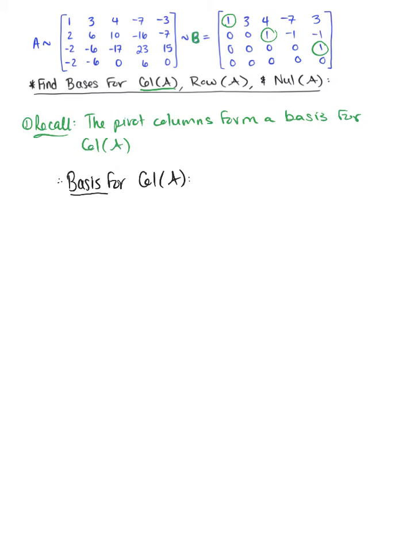And now, of course, we want to be careful. We use the echelon form to identify the pivot columns, but we need to use the columns of the original matrix A when defining the basis.